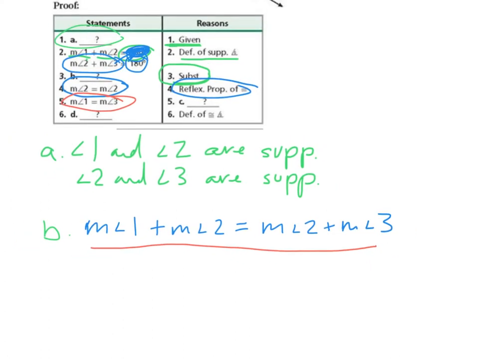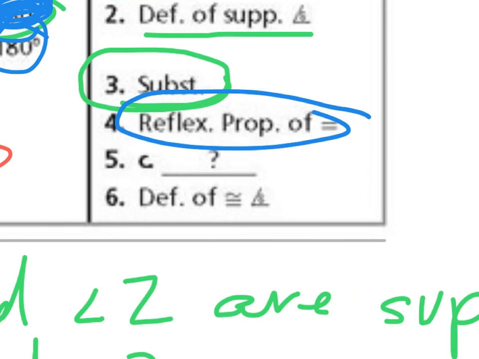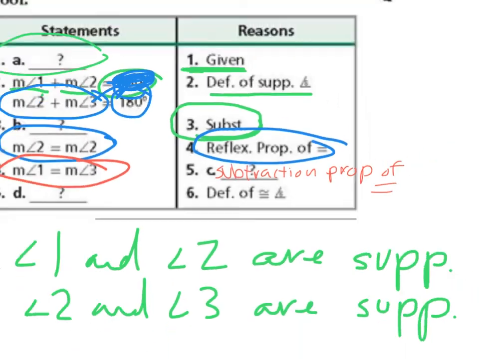We have to get rid of the measure of angle 2's, these two, and we can get rid of them by subtracting the measure of angle 2 from both sides of the equal sign. So this would be subtraction property of equality.